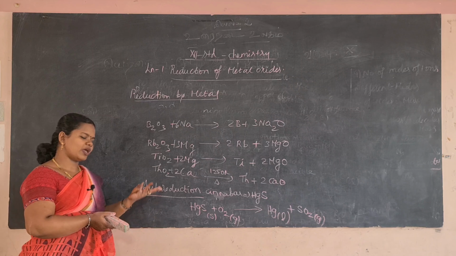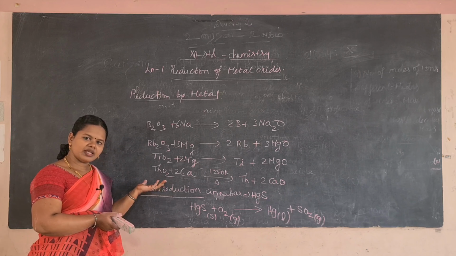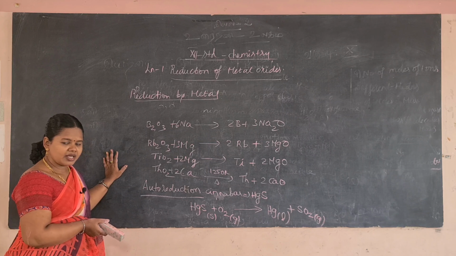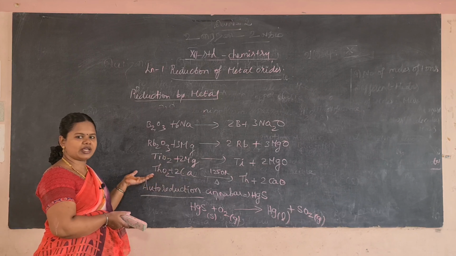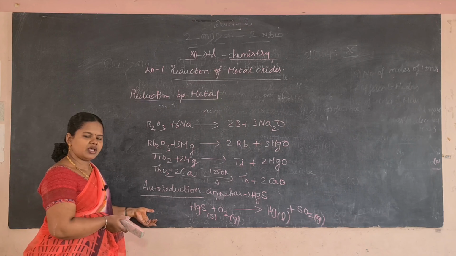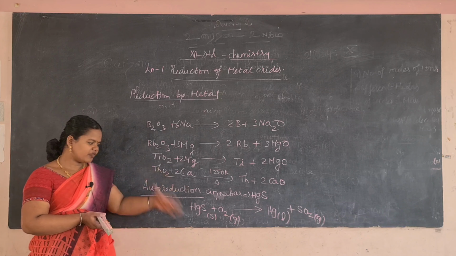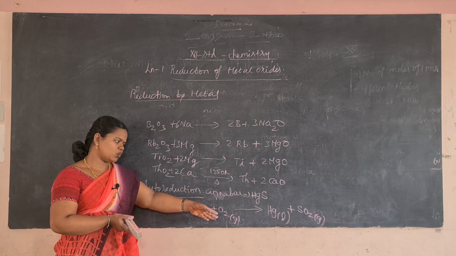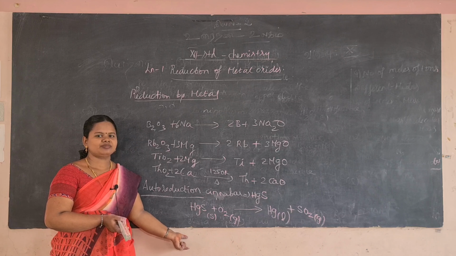Today we have learnt about smelting, reduction by carbon, reduction by hydrogen, and reduction by metal. In that we saw the aluminothermic process, then reduction by metals like sodium, magnesium, calcium and potassium. Then auto reduction, where there is no need for a reducing agent. Even on roasting itself, the ore gets reduced into the metal.